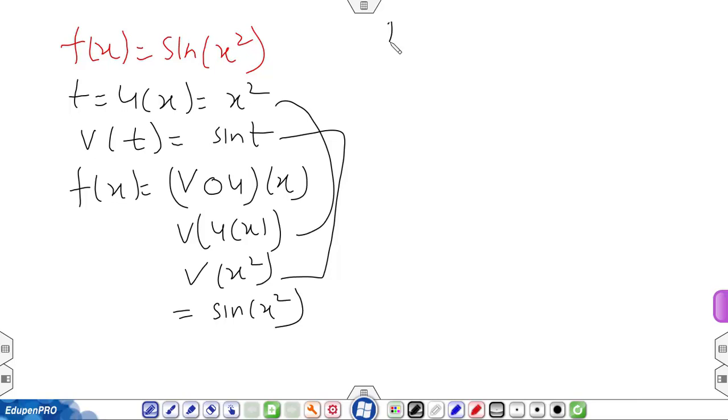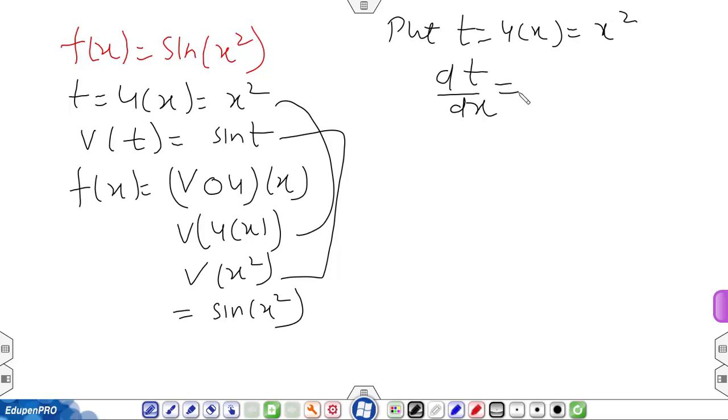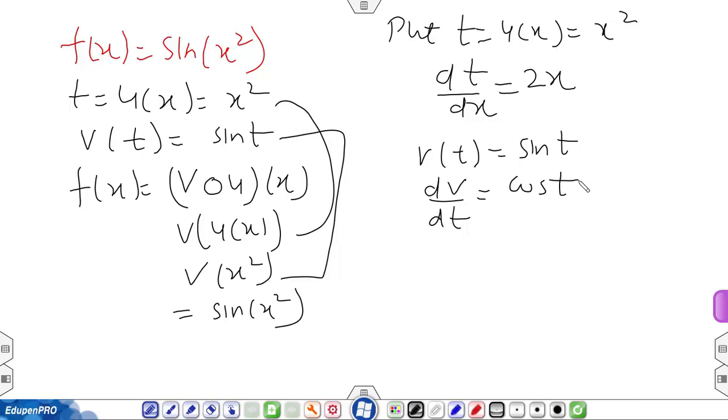Now put t equal to u of x, and u of x is x square, so t is a function of x. From here we find dt by dx equal to 2x. Similarly, v of t is sine t, so v is a function of t. From here find dv by dt, it will come out cos t. Now our motive is to find df by dx.